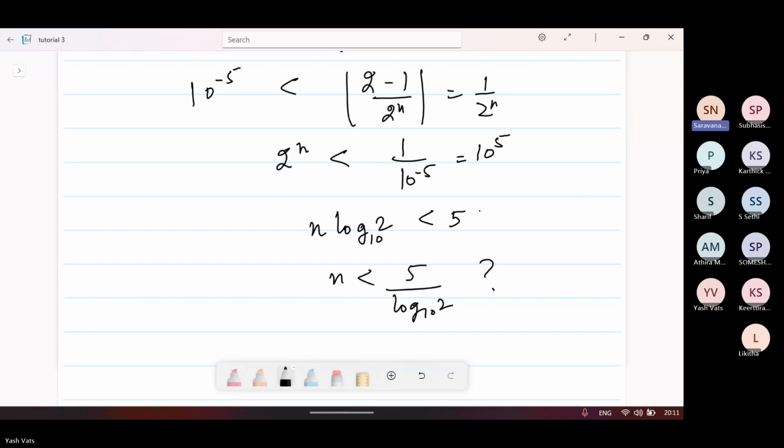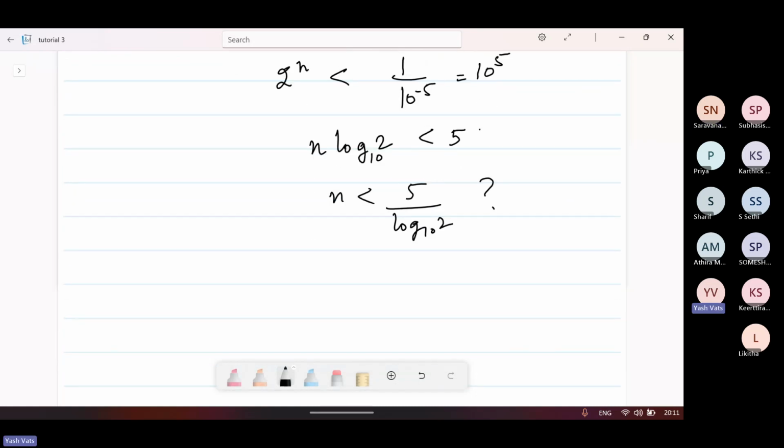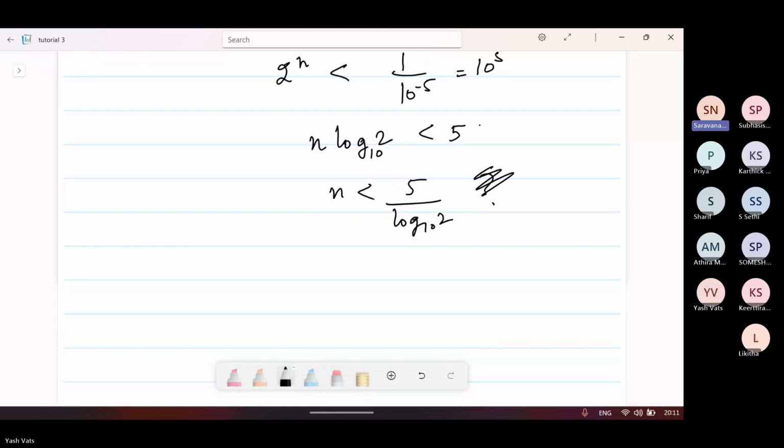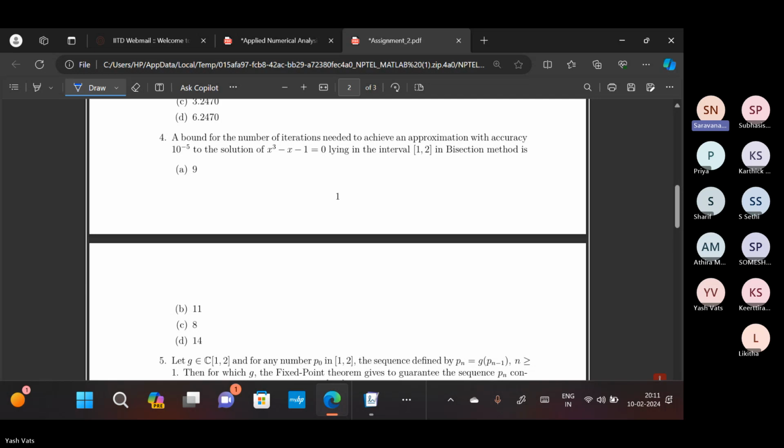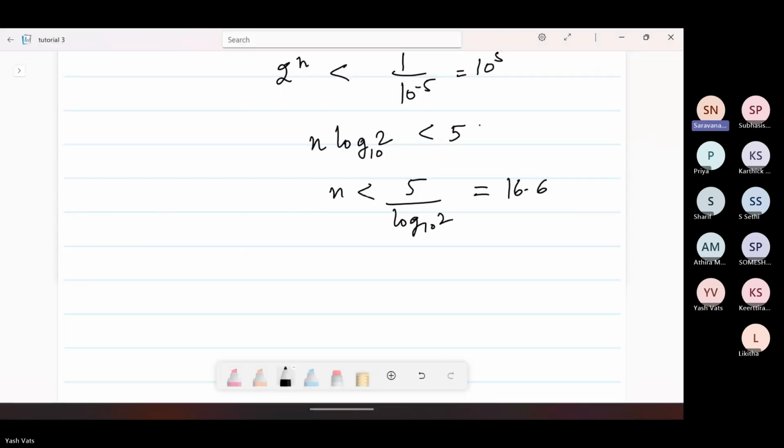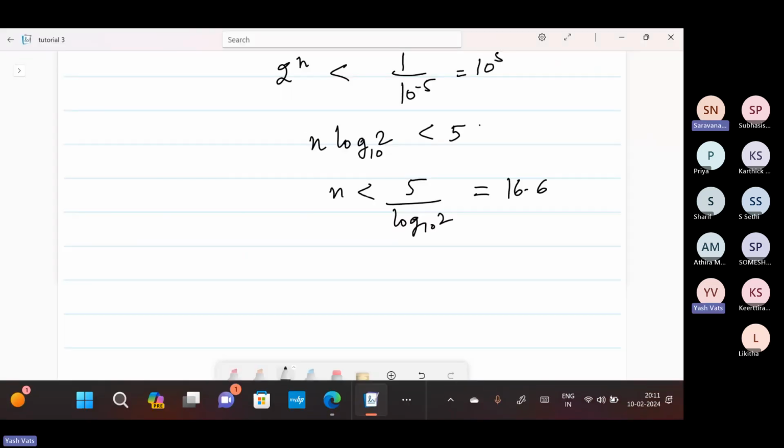So 16.6. Are you sure? Yes, 5 divided by log 2 base 10. Wait a second, let me check once.